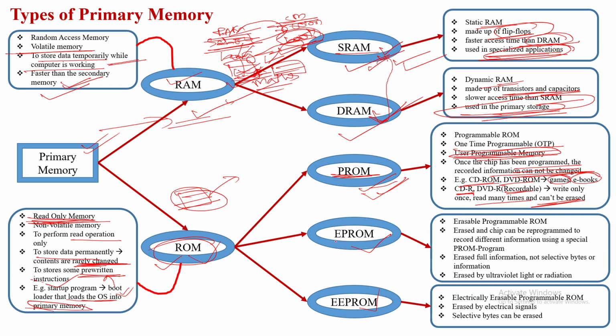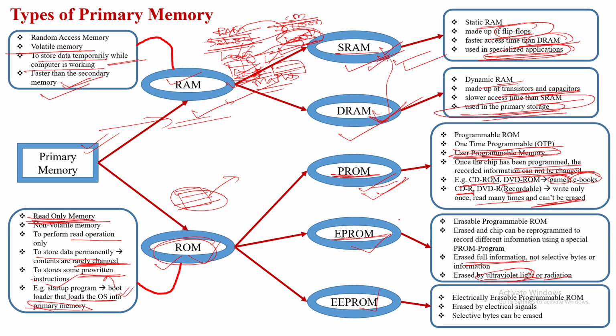EPROM means erasable programmable read-only memory. You can erase it and reprogram it. But how can you erase it? By ultraviolet light or radiation. Through ultraviolet light or radiation you can erase that program, and the full information is erased at one time, not selective information.